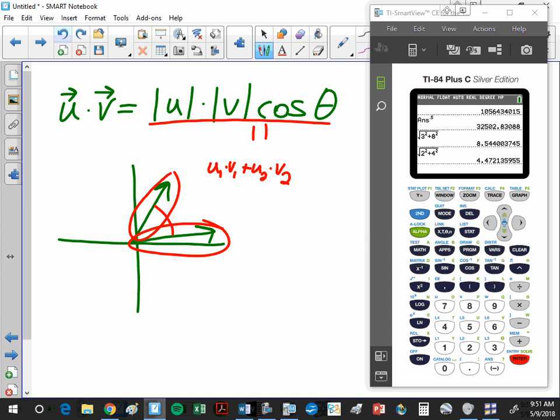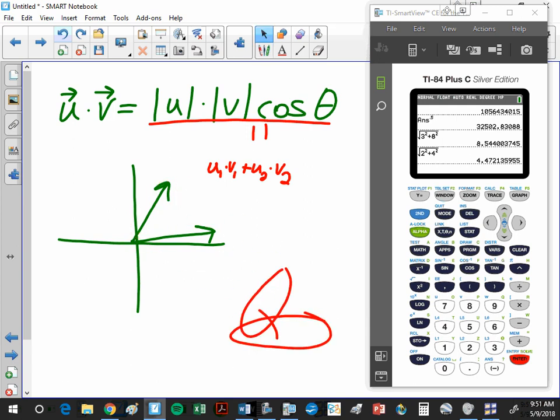Well, what if I didn't want the dot product? What if I wanted to know how big is the angle between the two vectors? How big is this? What would I do? How do I solve for theta?